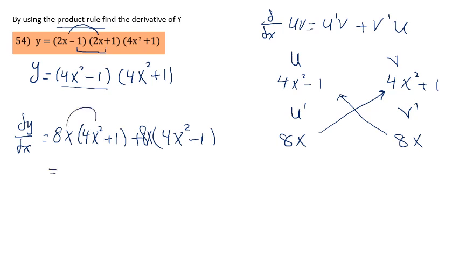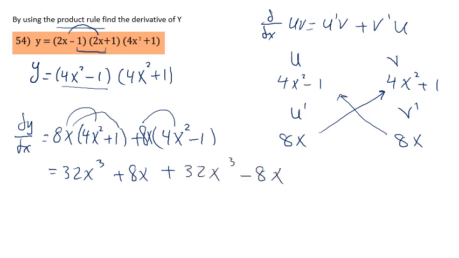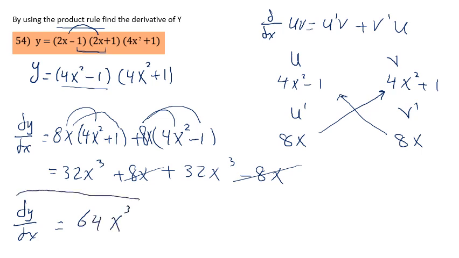So 8x times 4x squared is 32x to the power of 3 plus 8x after I expand the bracket. 8x times 4x squared is 32x to the power of 3 minus 8x after I expand the bracket. So I cancel positive and negative. So dy by dx is equal to 64x to the power of 3.